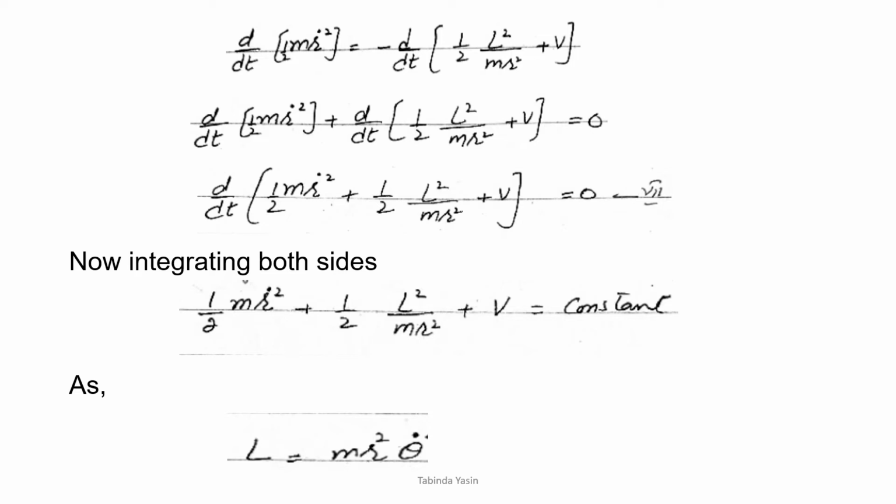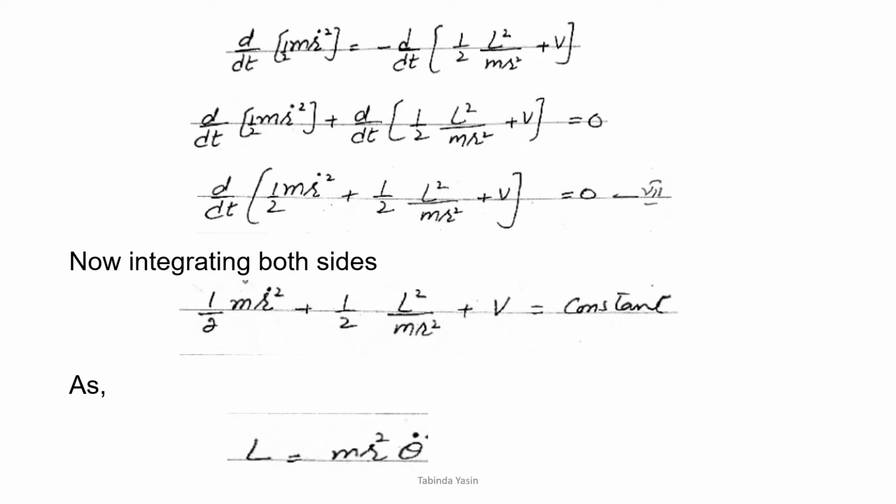We have taken the term from the right hand side to the left hand side, making the minus term the positive term. Now taking d by dt common from both terms, we get d by dt into 1 over 2 m r dot square plus 1 over 2 L square over m r square plus V, that is equal to 0, giving that equation number 7.